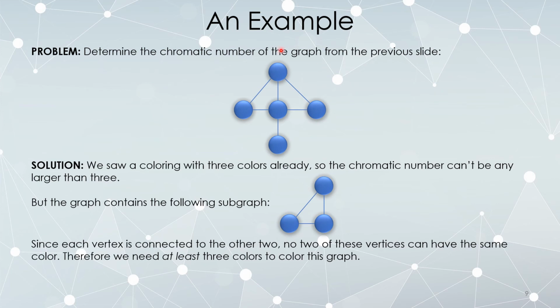So any coloring of the original graph needs at least 3 colors. And we've already seen that it's possible to color it with exactly 3. So since it's possible to color it with 3 and impossible to color it with 2, the chromatic number is 3, the smallest number of colors required to produce a legitimate coloring. This graph has chromatic number 3.